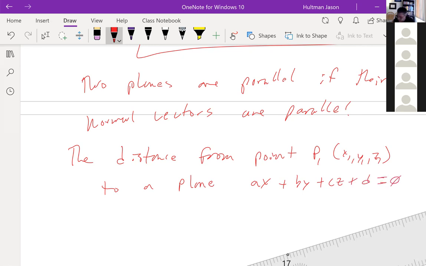Okay, so d was kind of all of that constant, right? So d is just this constant value that we come out with for, this is the general equation of a plane. Okay.